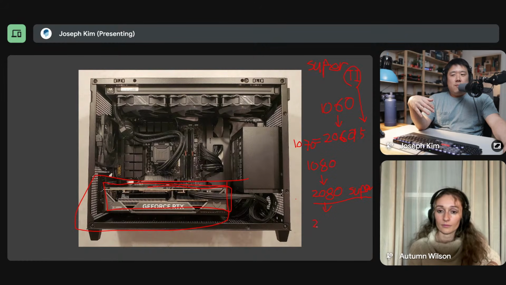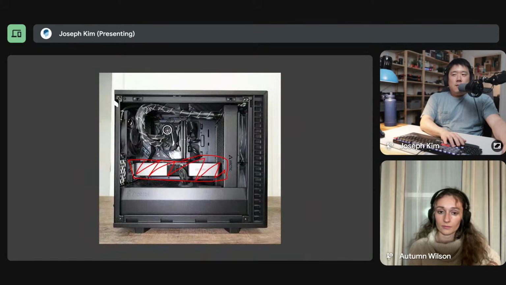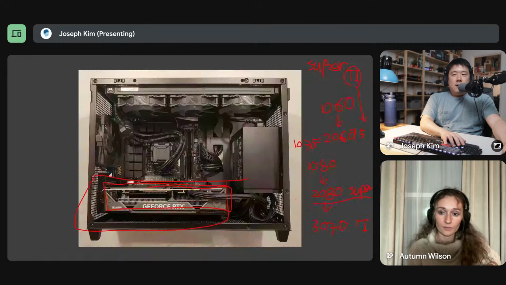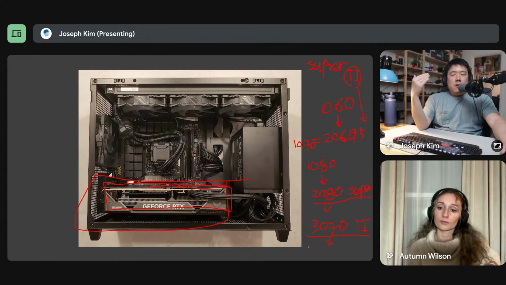So the next card that I moved up to was 3070 Ti, which was this card, 3070 Ti. And then after that, I was like, oh, that's good enough for me. But I want to, again, utilize the most recent features of these cards. So my current card, this card right here, is 4070 Ti. Sorry, that's not how you write Ti. Ti Super.